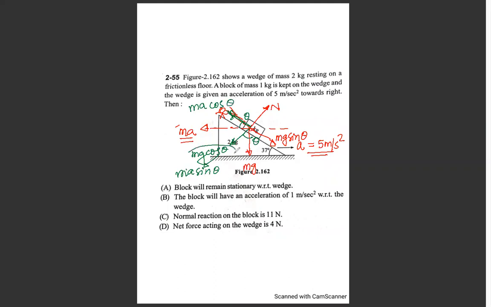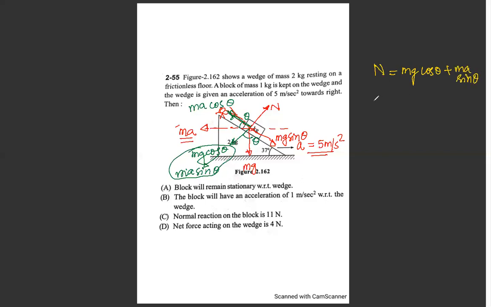These two will be balancing the normal reaction. It will not allow the block to move along this direction, and these two things need to be equal. So we can write down the normal reaction is equal to mg cos theta plus ma sine theta.